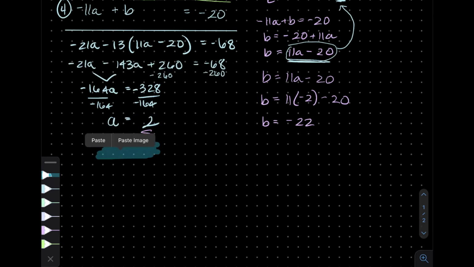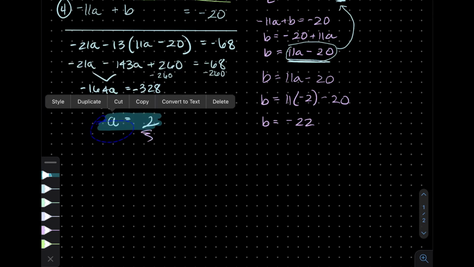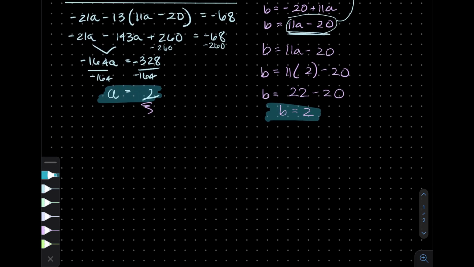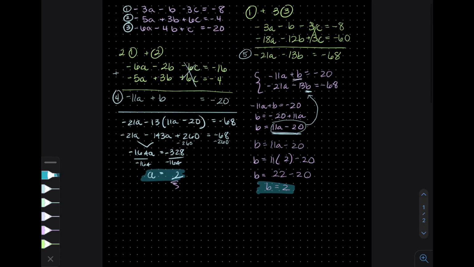And then you'll just see the answer is 2. So we will plug in 2, which will give us 22 minus 20, which will give us that b also equals 2. That's why you got to be careful. Drop in negatives. Okay, so now I have a and b.